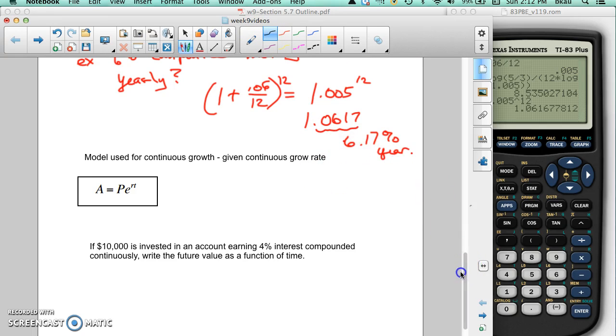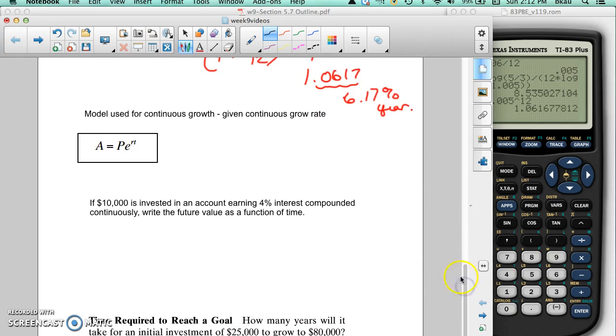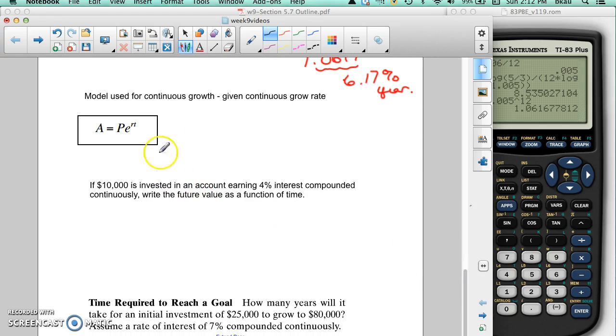All right, now I want to finish this video with a continuous growth model. So this is the continuous growth model. The letters stand for the same things, except e is the number on your calculator, approximately 2.718. We write the formula the same way.